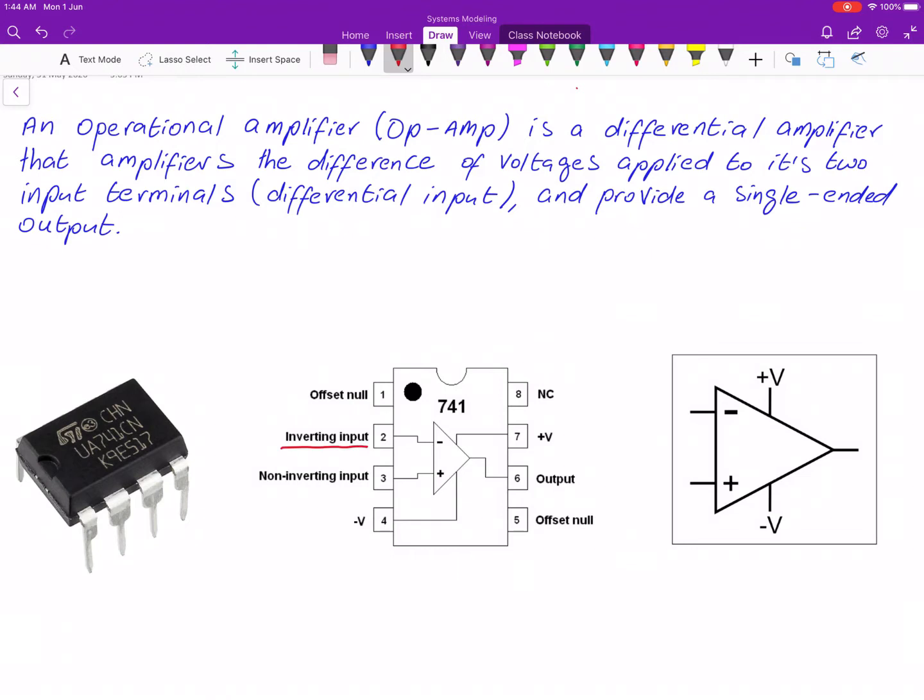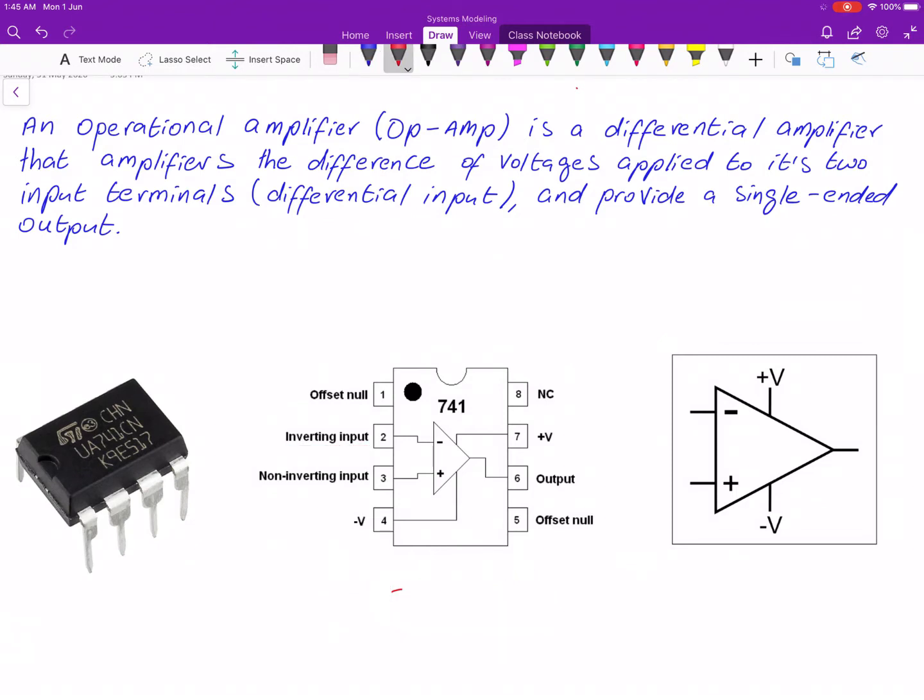Pin 2 is the inverting input, and it just means that if you have a signal at pin 2 as your input, what you're going to get out is a signal that is amplified but inverted.